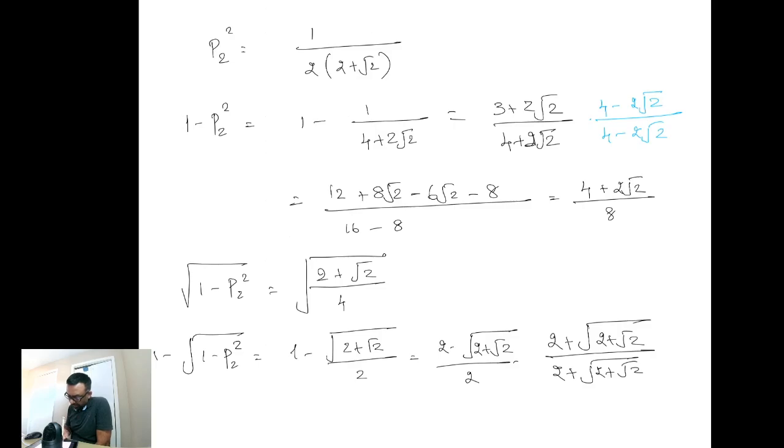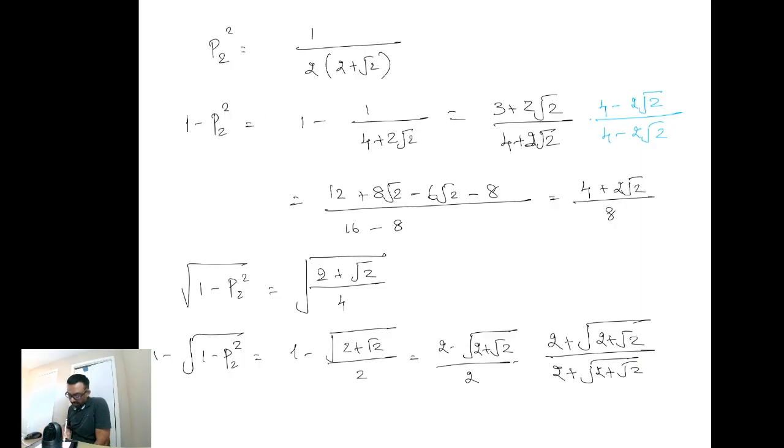So that becomes 4 minus of 2 plus root 2 divided by 2 into 2 plus root of 2 plus root 2. This is the first step. This becomes 2 minus of root 2 divided by 2 times 2 plus root of 2 plus root 2.